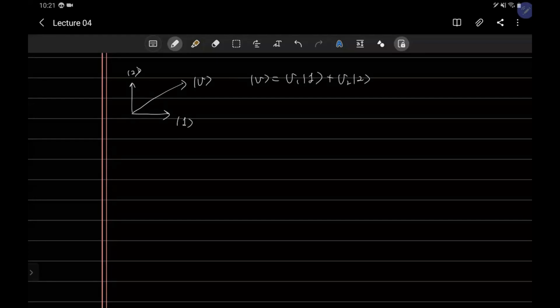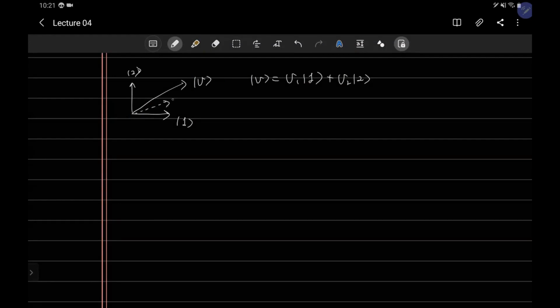v sub 2 for basis vector 2. However, this is not the only orthonormal basis we can think of. There will be a lot of options. For example, this one is a new orthonormal basis. Assume that this is Roman numeral 1, Roman numeral 2.